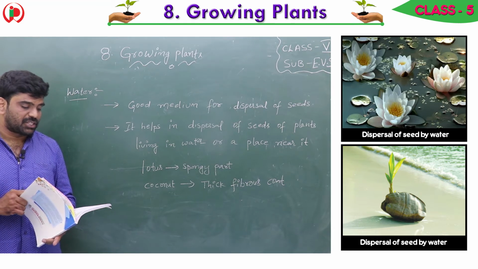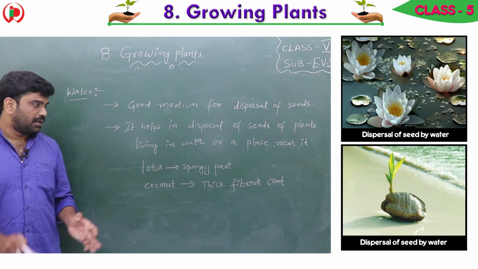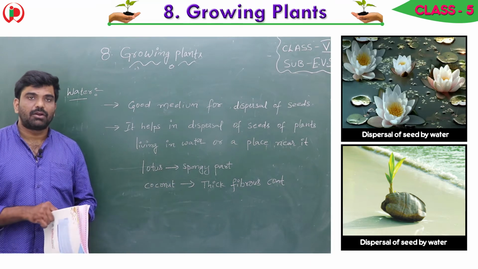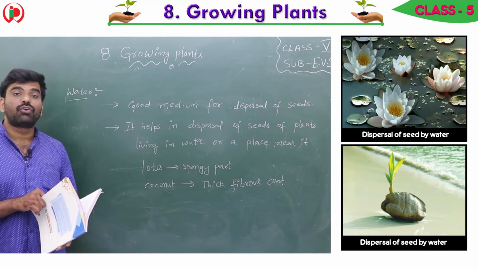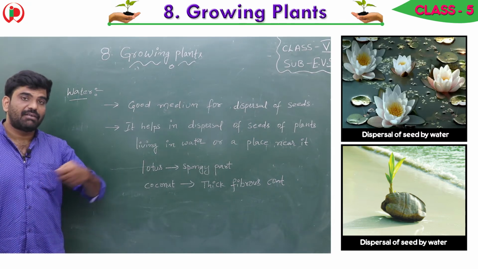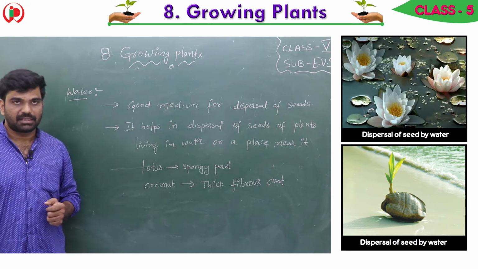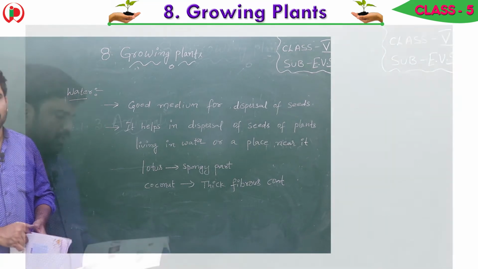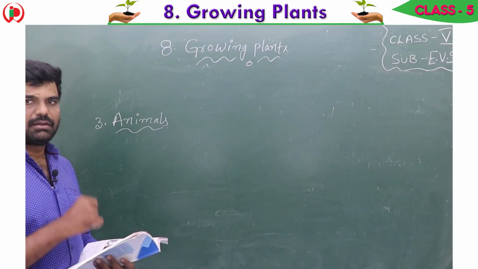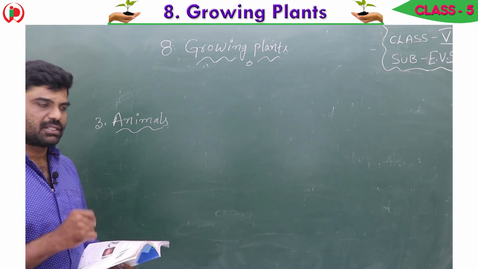So these special parts enable the lotus and coconut to float on water and to travel to far away places. Okay, children, so far we have seen the dispersal of seeds by wind and water.